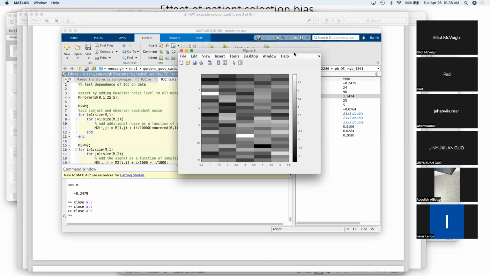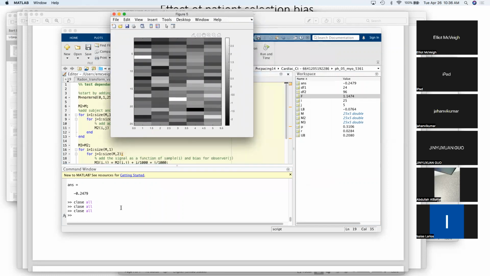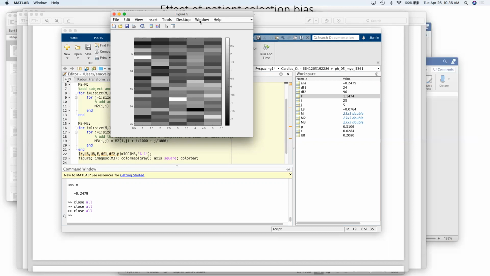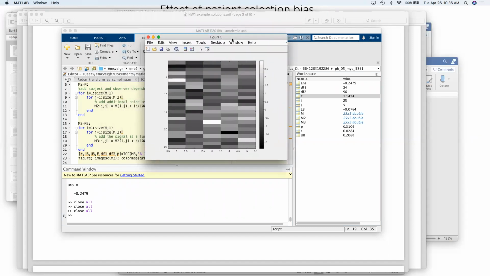And so when you compute, and I found a function where you can compute the ICC in MATLAB, there's 6 of them, but of the 3 that we've looked at in class, the one that we're interested in is this A1, right, for reproducibility. But you can look at the others.